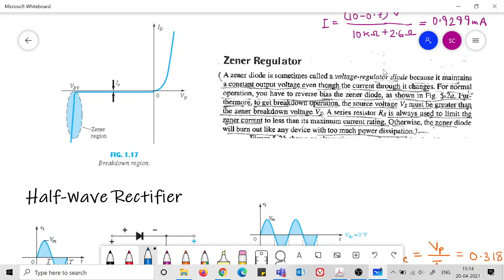However, normal diodes cannot withstand the breakdown phenomenon and actually become destroyed when they are operated in the Zener region, in the breakdown region.